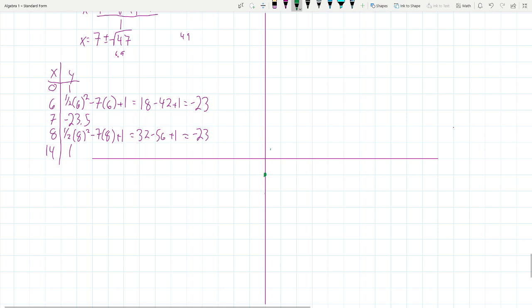And then everything was down at like negative 23, except for whenever we were at 14. 1, 2, 3, 4, 5, 6, 7, 8, 9, 10, 11, 12, 13, 14. And so I know that it's kind of really big and wide. This goes down to negative 7, comma, positive 7, negative 23.5.